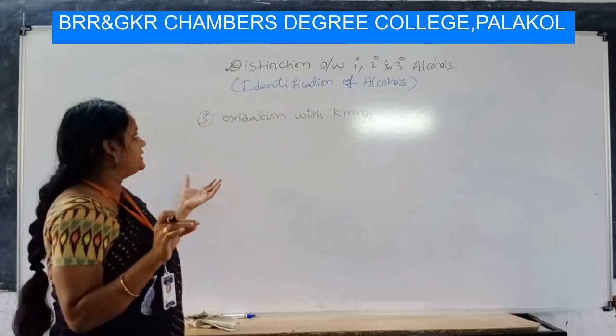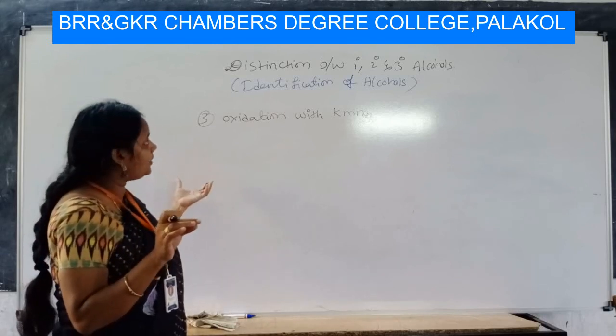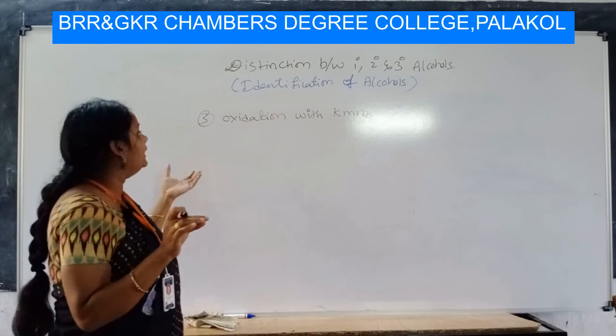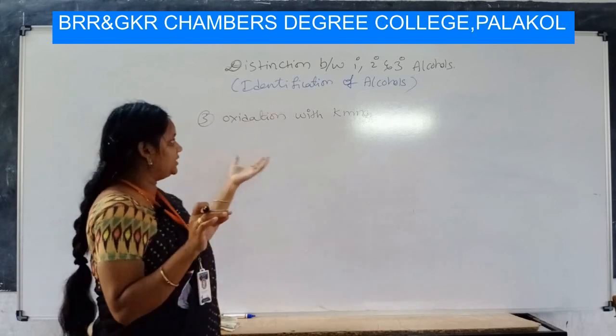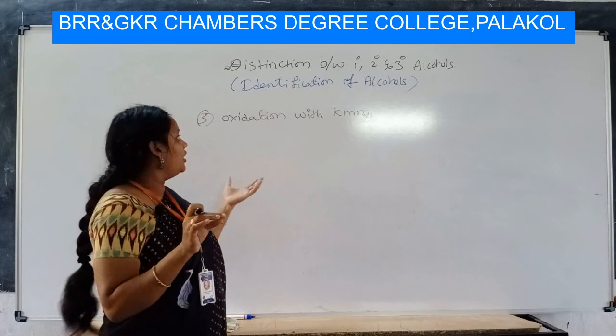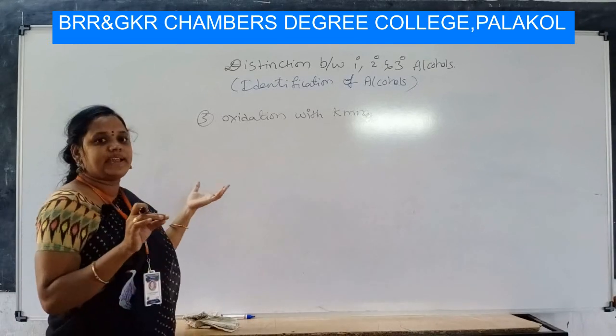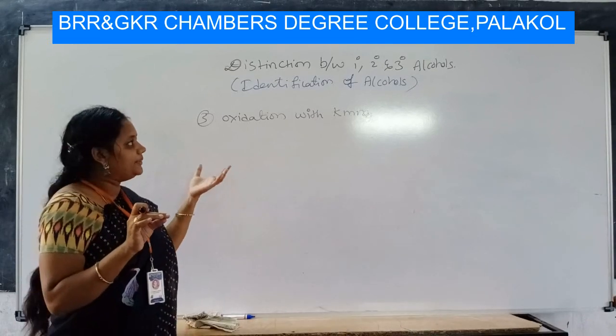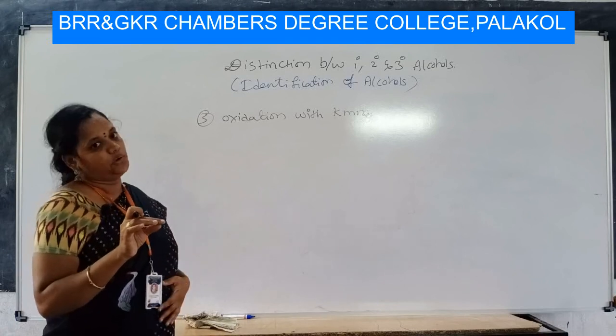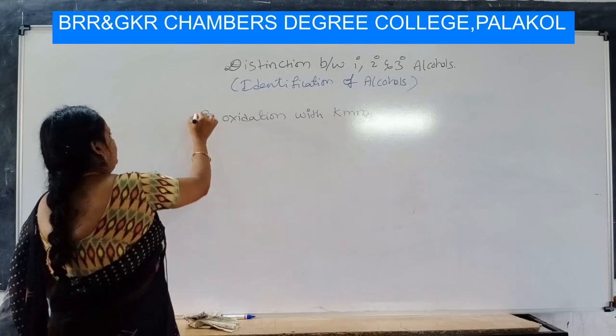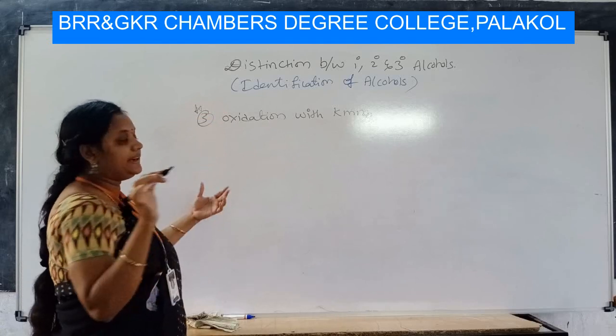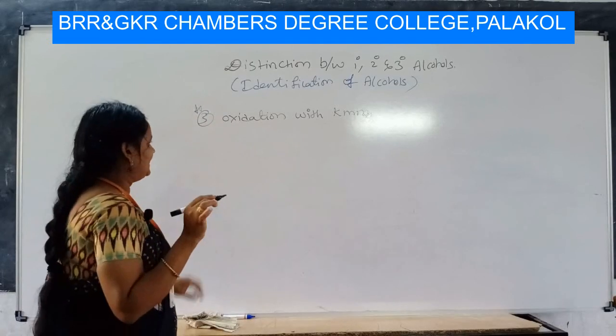So in your syllabus, under the chemical properties of alcohols, you will again look into this reaction. This reaction can be written for the chemical properties of alcohols also. Very important. It is repeated twice in your lesson.